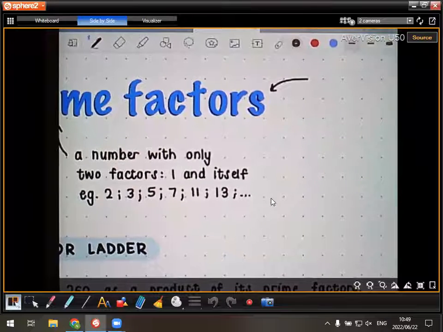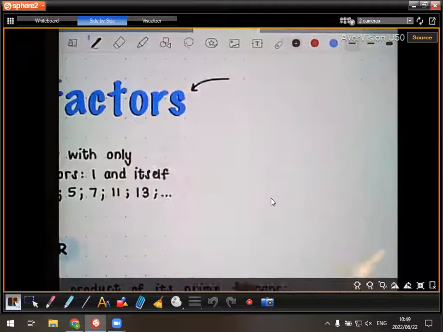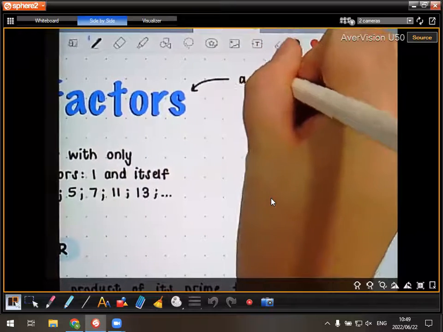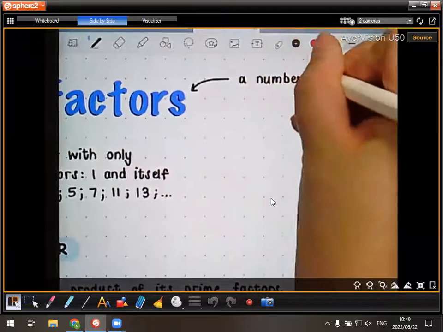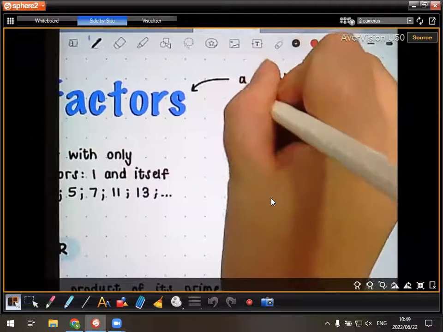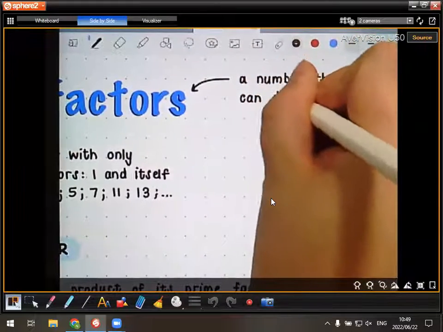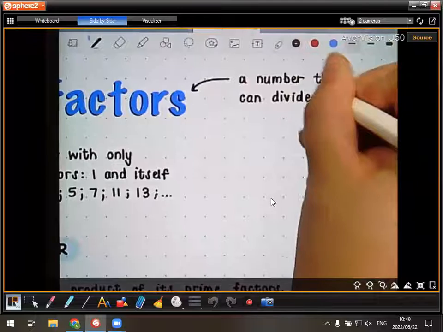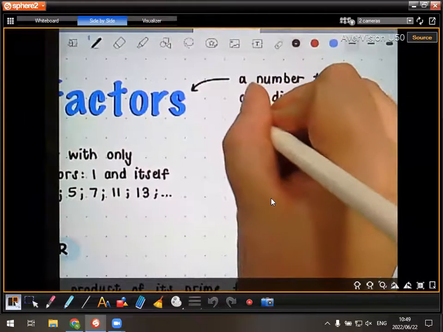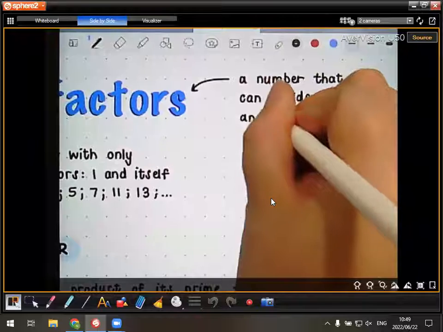So if I say, for example, 5 is a factor of 25, that means that 5 can divide into 25, right? Does that make sense? Okay, so let me just write that there. So a factor is a number that can divide into another number.